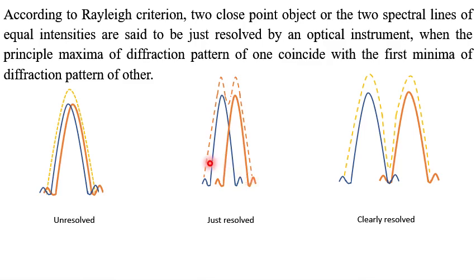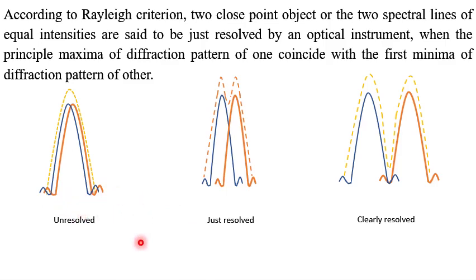But if these two maxima overlap each other, then we can say that this is unresolved. And if these maxima are well separated, then we can say that it is clearly resolved. So Rayleigh's criterion is given only for the just resolution condition, not for the clearly resolved or unresolved condition.